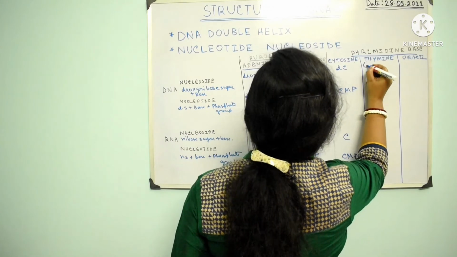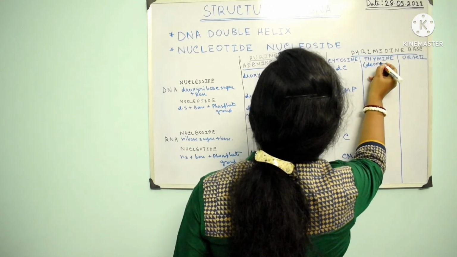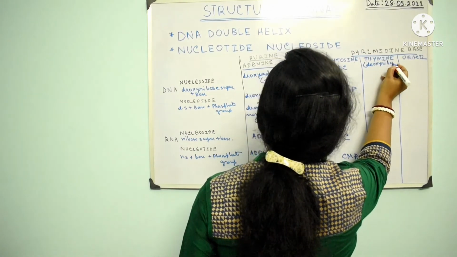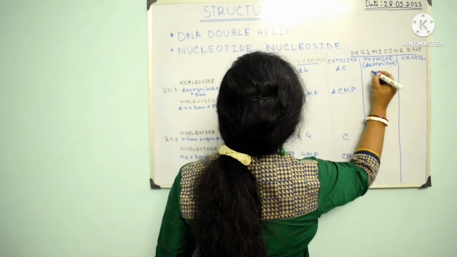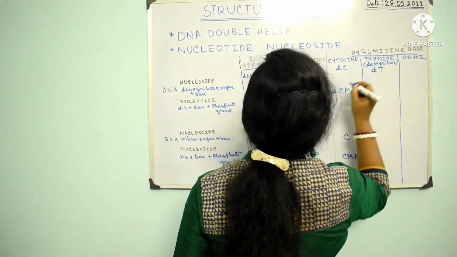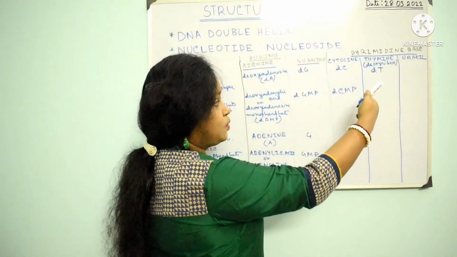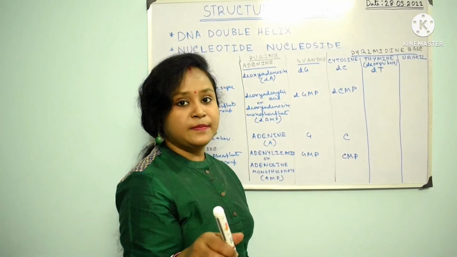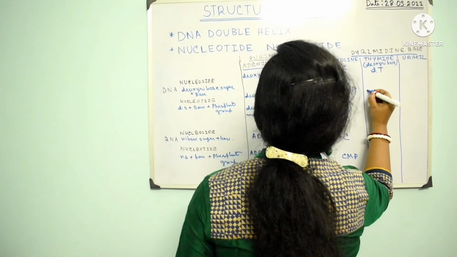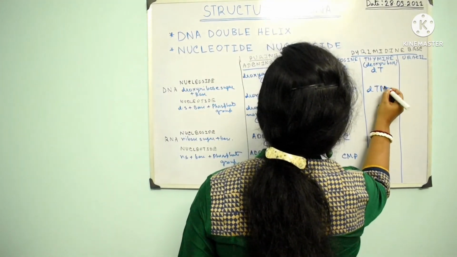And what about thymine? It will be present as deoxyribose only. So deoxythymidine or dT, and here deoxythymidylic acid or deoxythymidine monophosphate, dTMP.